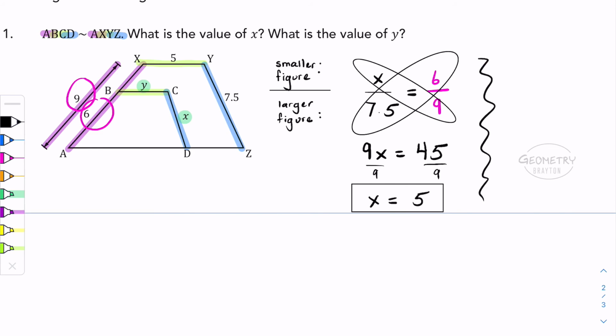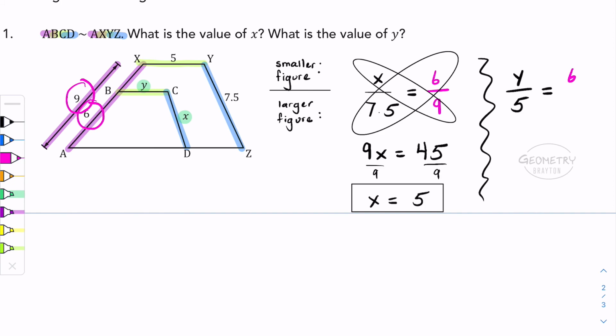I'm going to follow the same process to solve for y. Y is the side length on the smaller figure, and it corresponds to 5 on the larger figure. So y over 5. And we're going to pick one other side. I'm going to use the same side that has our measurements for both lengths. So we know the short figure has a side length of 6 and the long figure has a side length of 9.